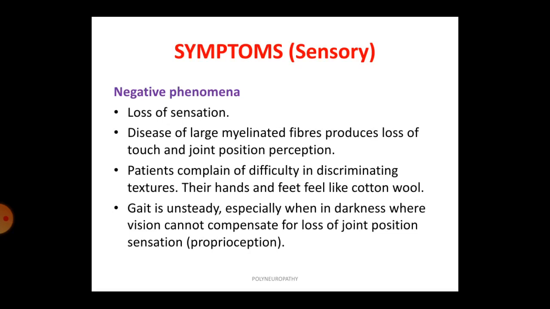Now, if the eyes are closed or there is darkness, the compensation received from the visual system for the loss of joint position sense is lost. The patient relies on the visual system because of affected proprioception, but now the visual system is also blocked, so the patient will have an unsteady gait. Sometimes the patient may fall also.